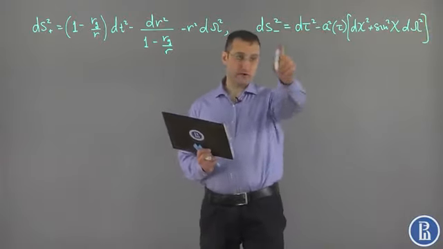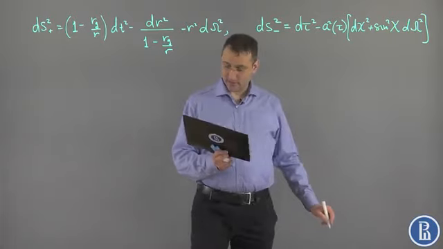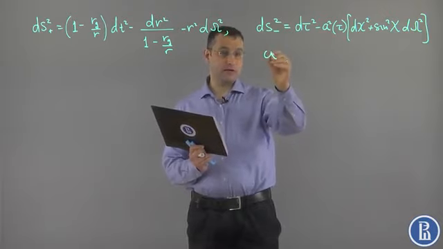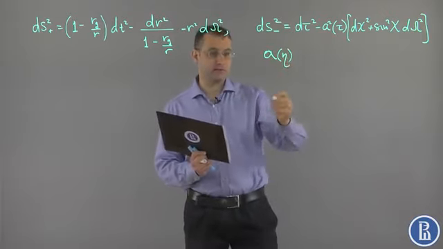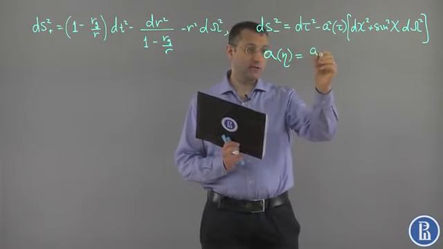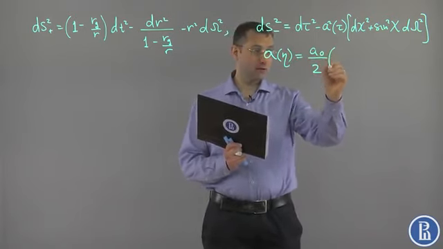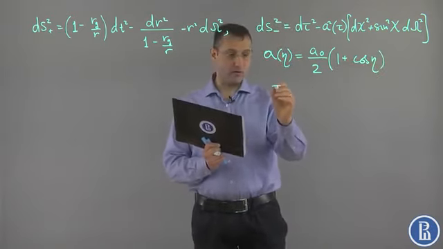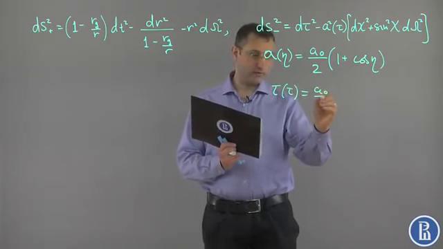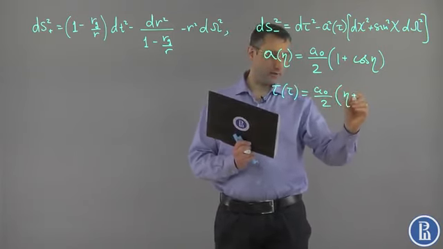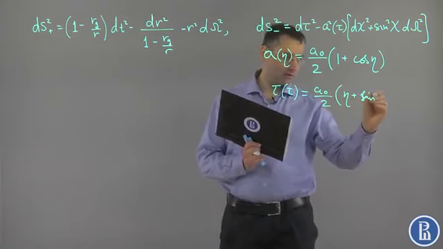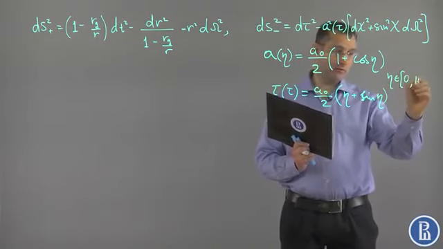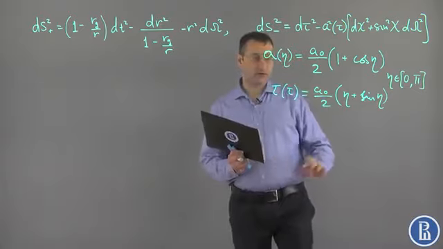And we have described this metric in the following sense: a and tau as implicit functions of parameter eta behave like this. a is a0 over 2 times cosine of eta, and tau of eta is a0 over 2 times eta plus sine of eta, and eta is ranging from 0 to pi, and at eta equals 0 the collapse begins.